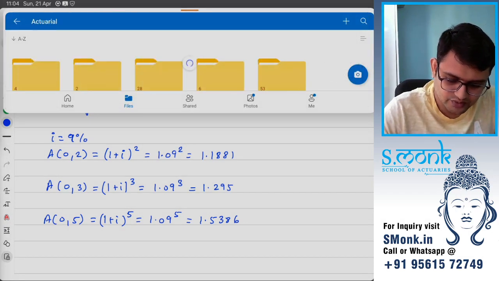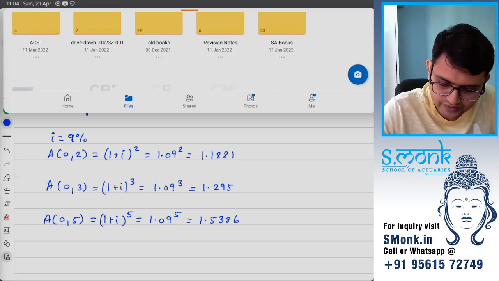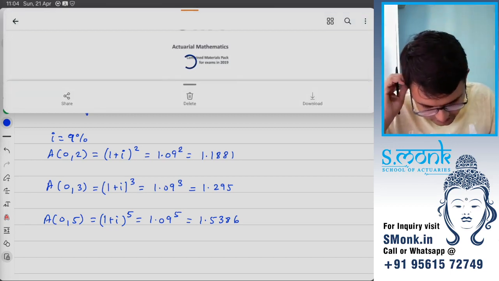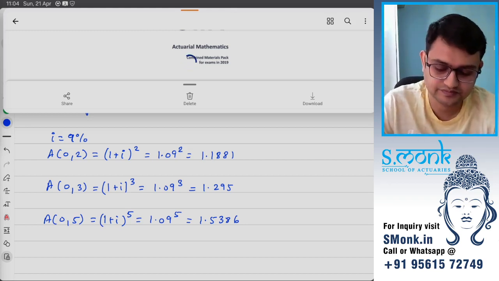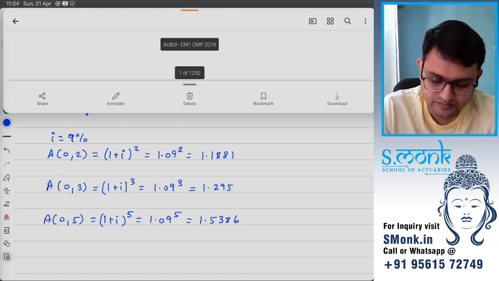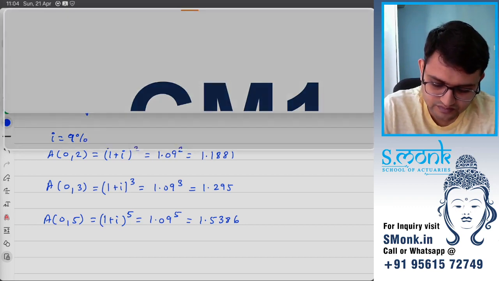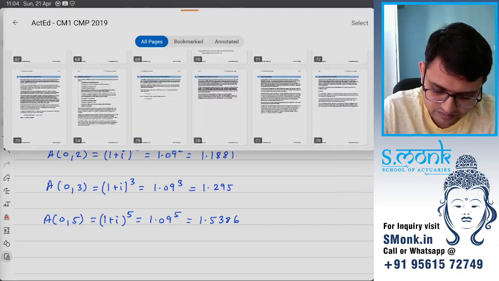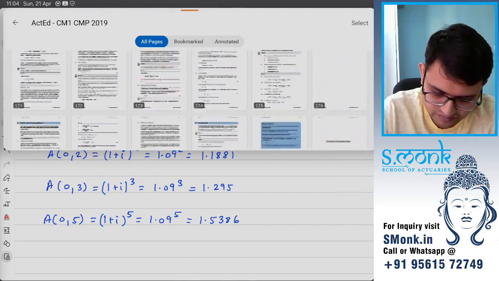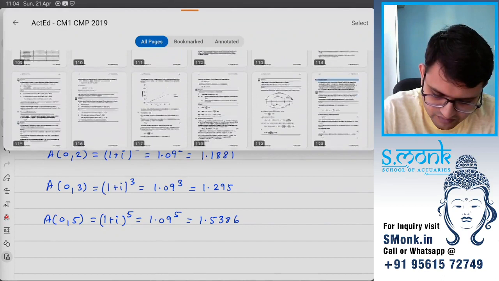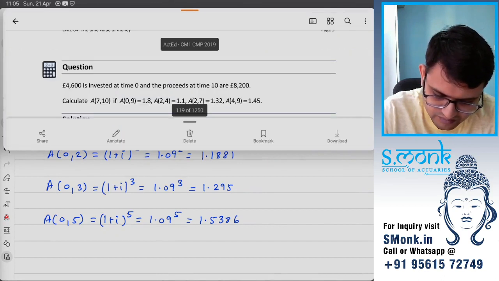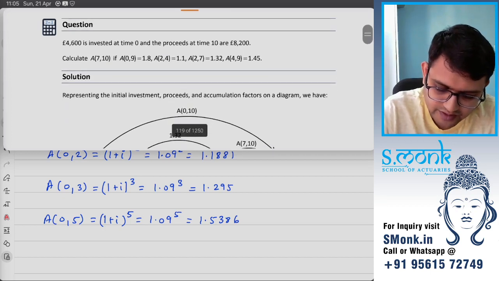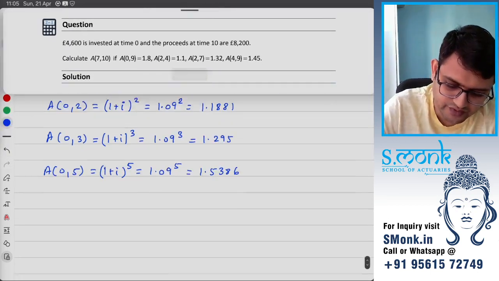We'll just open the book and we'll solve a sum out of it. Okay, this is the question on page number 9, chapter 4.